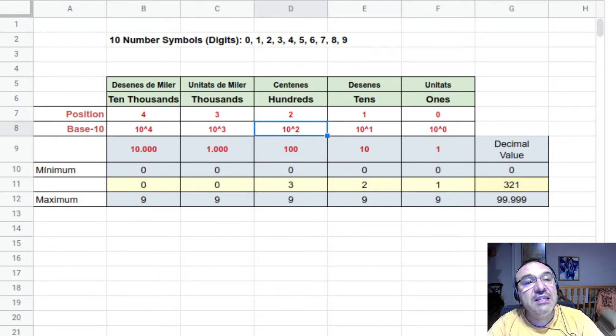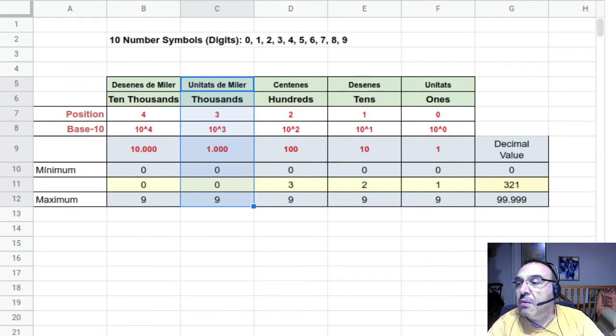In the second position, it's 10 raised to the second exponent, and it is hundreds. So that's why this column is for hundreds. In the third position, it's 10 raised to the third exponent, so it is thousands. And that's why this column is thousands. That should be easy because it's what we are used to.